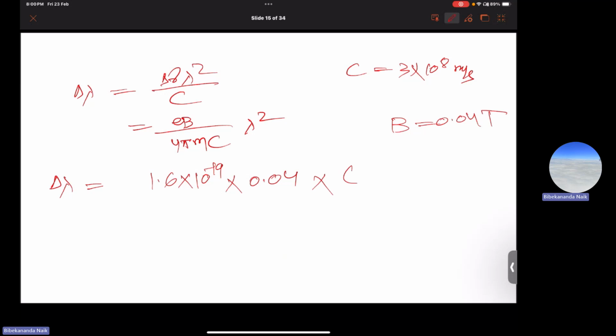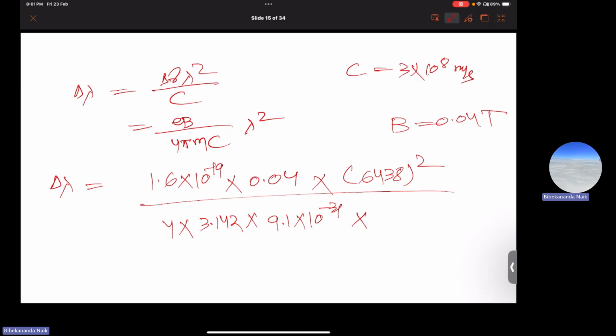Then wavelength is 6438 square divided by 4 into 3.142 into the mass of the electron, 9.1 into 10 to the power minus 31, into the velocity of light, which is 3 into 10 to the power 8. If you calculate all these, the value will come out.